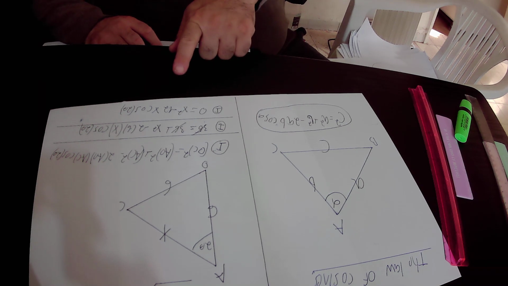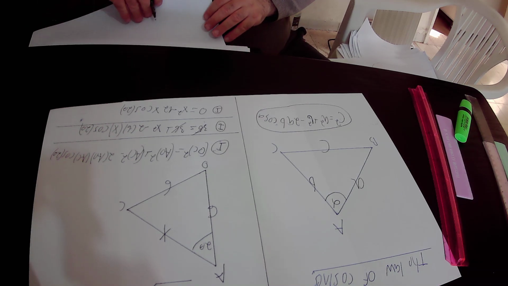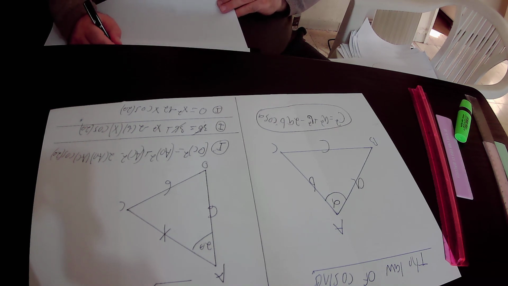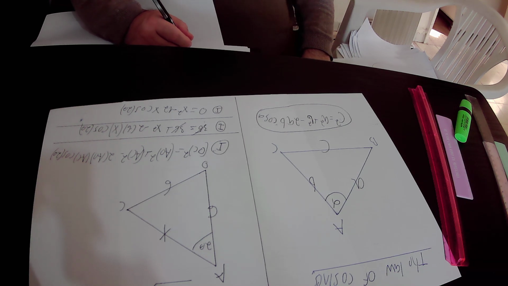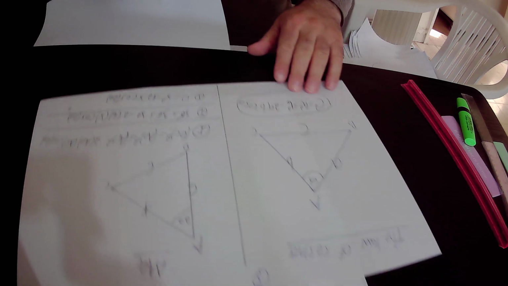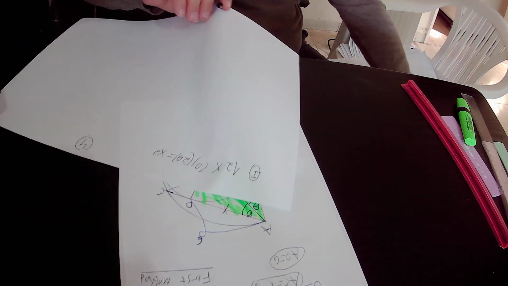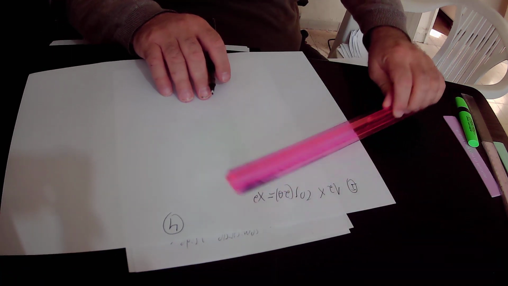So here we will add 12x cosine 2 theta to this equation, and we will get that, according to equation number 1, 12x cosine 2 theta equals x squared. I'll repeat again. According to equation number 1, we found out that 12x cosine 2 theta equals x squared.